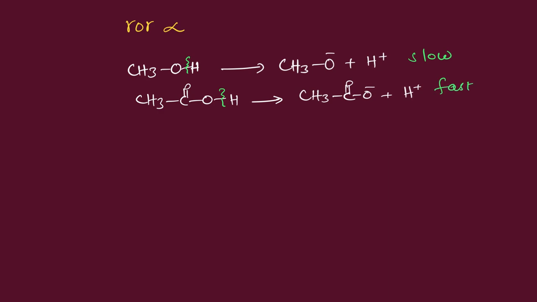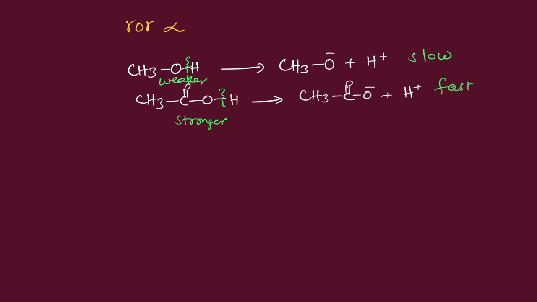How to decide this fast or slow? We know that, compared with the alcohol, acids are stronger, and this is weaker. Actually acetic acid is a weak acid, but compared with the alcohol it is a stronger acid, so it is easy to lose H plus; the tendency to ionize increases compared with the alcohol.